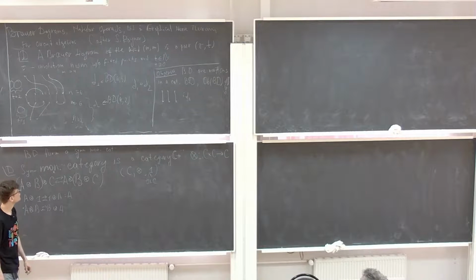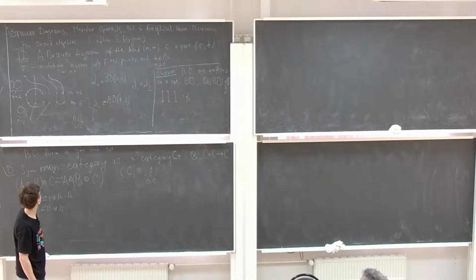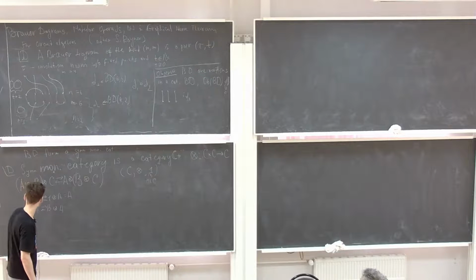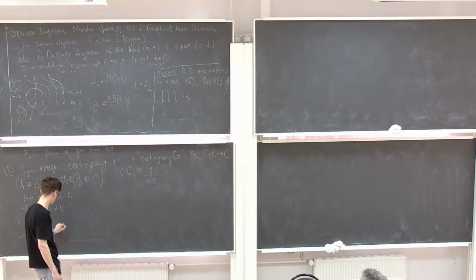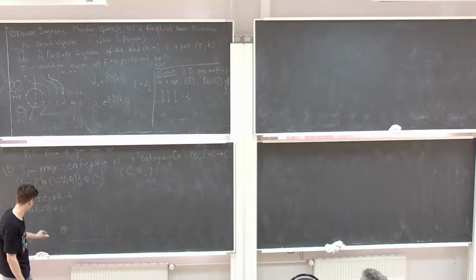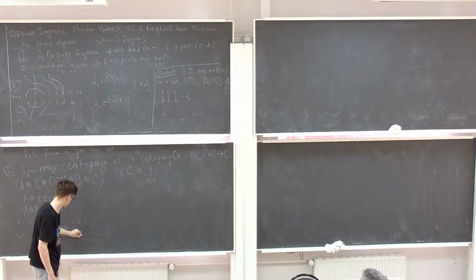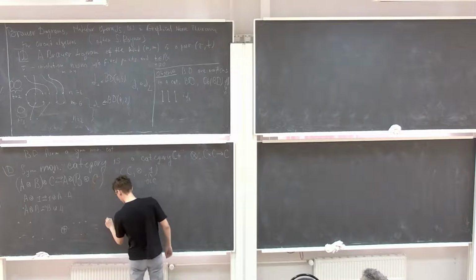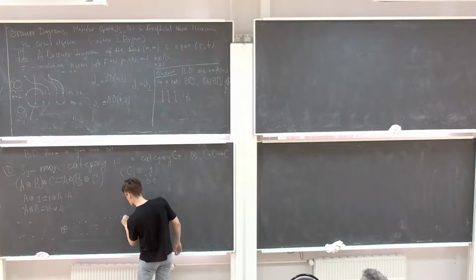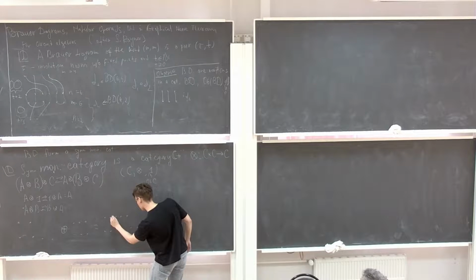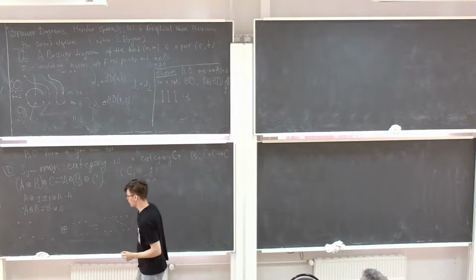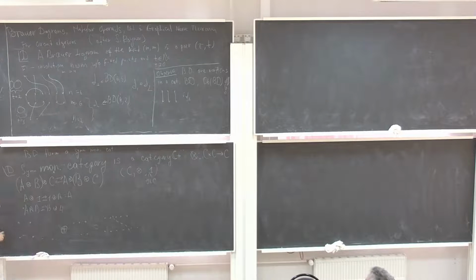So, as I said, Brauer diagrams should form a monoidal category. And the monoidal operation, we need to define it just on objects, right? So we just concatenate the sets, and as in linear algebra, you can consider tensor products of morphisms.